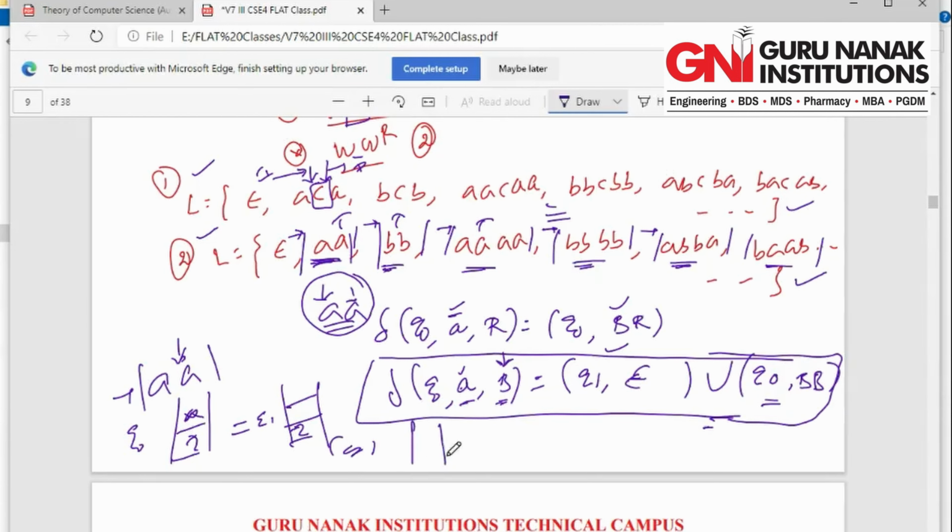Or only insert the element, Z A A. So this choice is accepting, this choice is not accepting. That is nothing but having multiple paths for the AA. That you can call an NPDA, that is non-deterministic PDA. All of you clear this one or not?